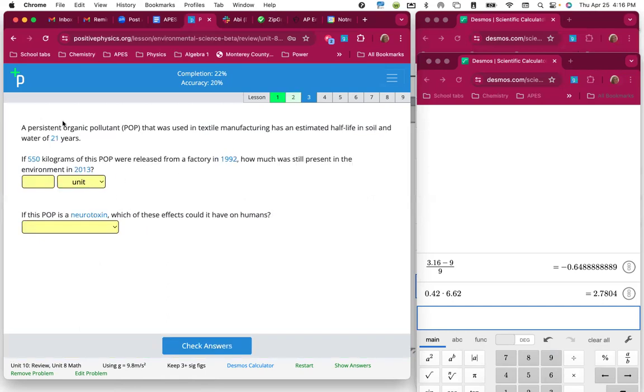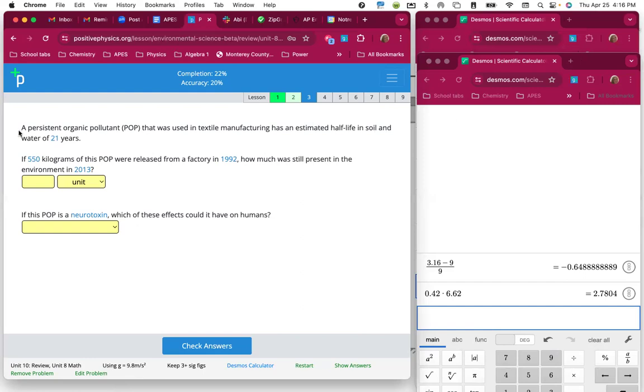So this one is a half-life problem, and half-life is usually something that we practice with nuclear power, but I like doing it again when we're talking about persistent organic pollutants because it's great to be able to revisit that skill and that idea.